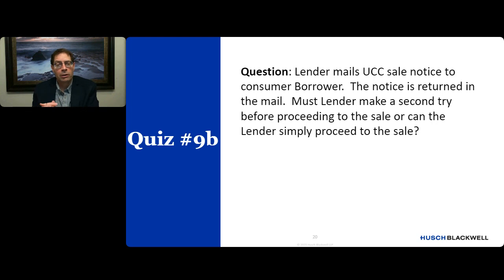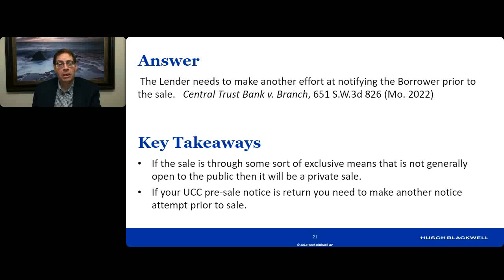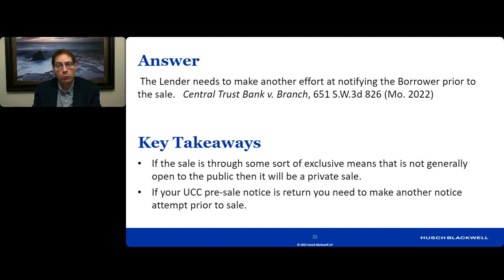And so the question is, does the lender need to make a second try before proceeding to the sale, or can the lender simply go forward with the sale even though the notice was returned? What the Missouri Supreme Court said is that the lender needs to take another stab at notifying the borrower, all right?